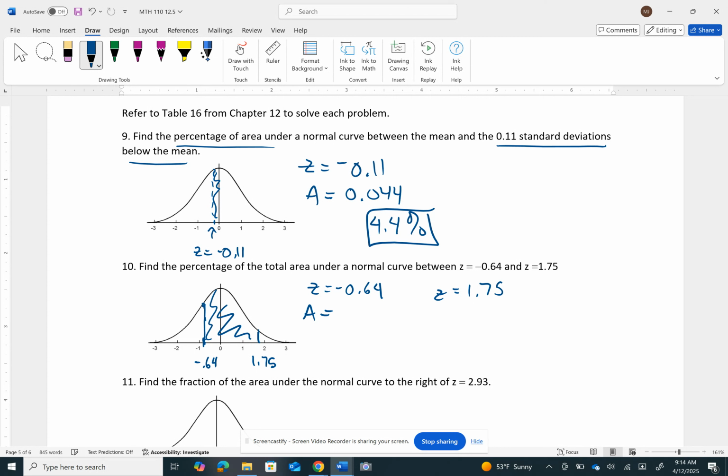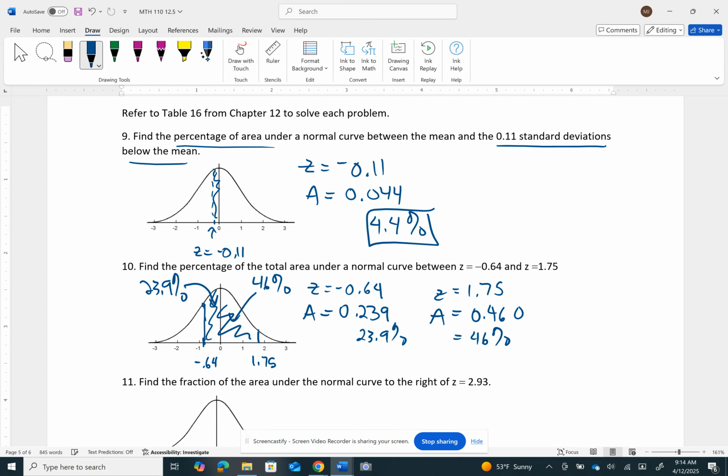Okay, so the a for the negative 0.64 was 0.239, and the a for 1.75 was 0.460. Okay, so we have 23.9% of the data values would be there. And approximately 46% would fall on here.